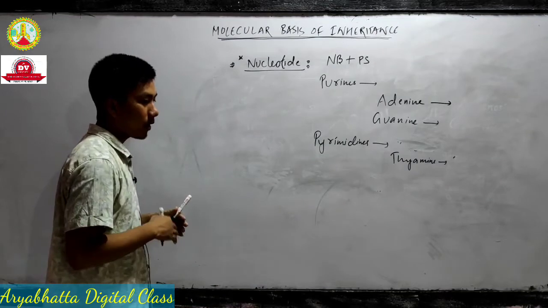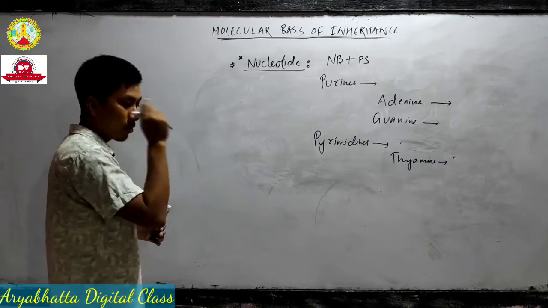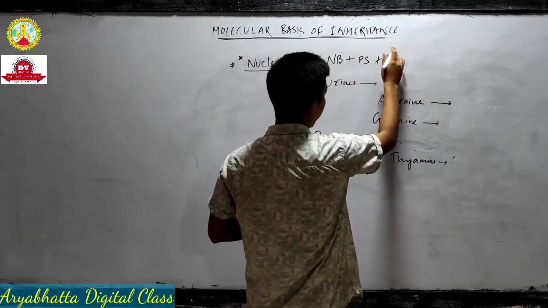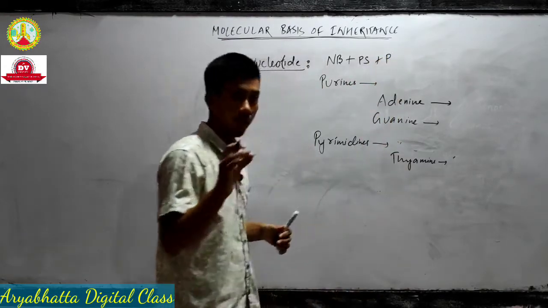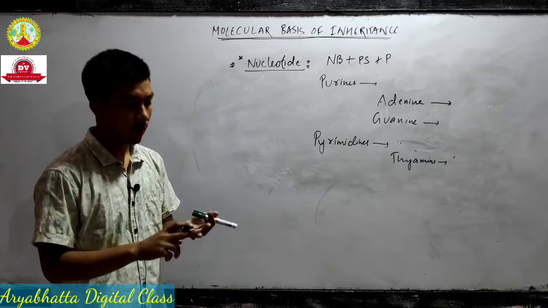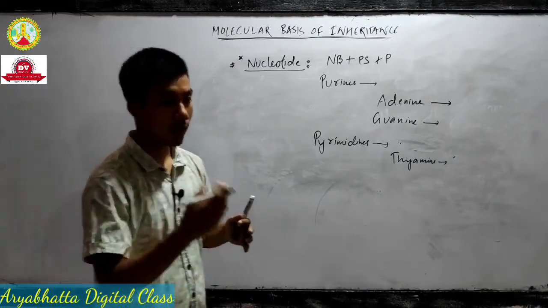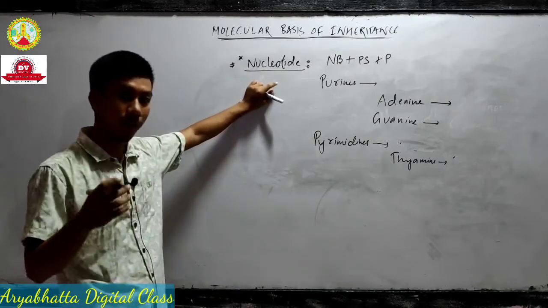When we talk about nucleotide, it means it is made up of nitrogenous bases, pentose sugar plus phosphate group. So तीनों ही रहेंगे उसमें, phosphate group, nitrogenous bases and pentose sugar. So these three combine together and we call it a nucleotide, ठीक है.